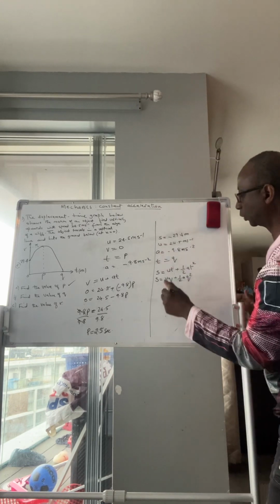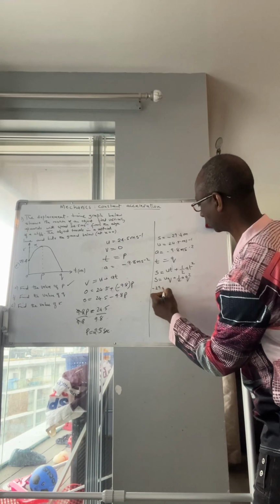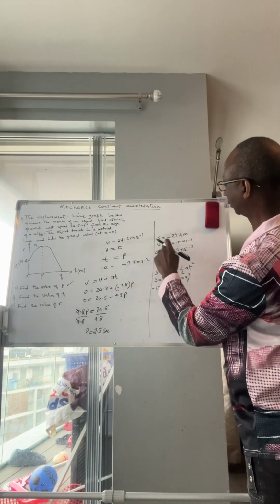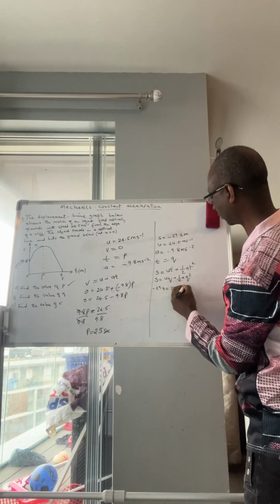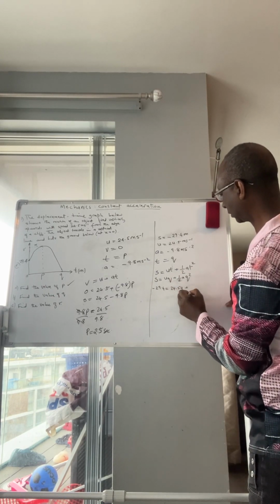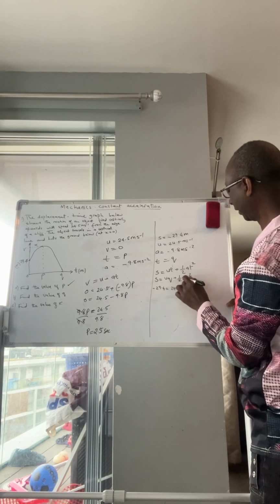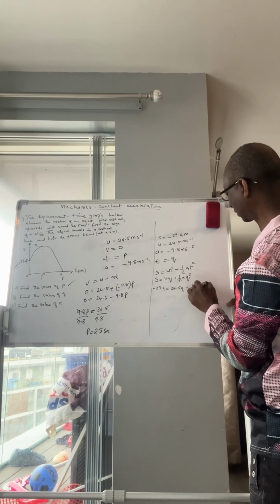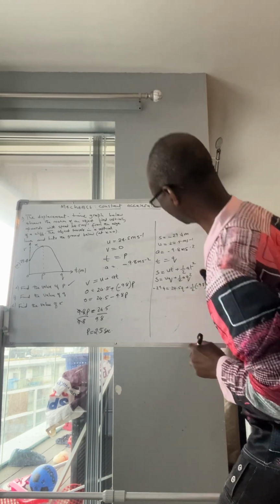So S, we know it to be minus 29.4, and U is 24.5, Q unknown. We are looking to find the value of half A, acceleration due to gravity, minus 9.8, and Q squared.